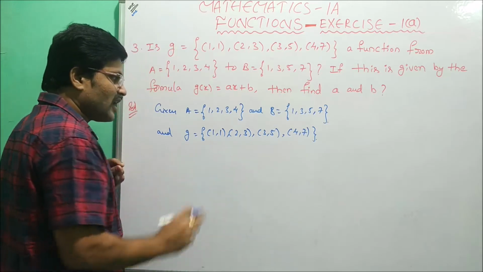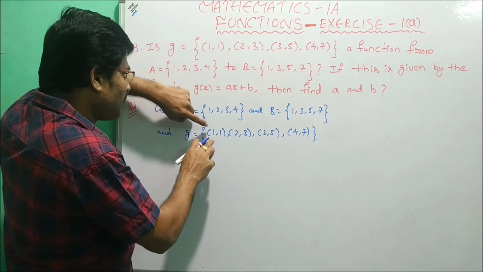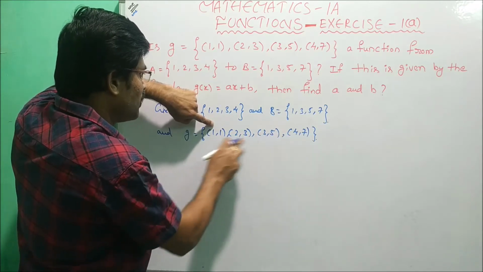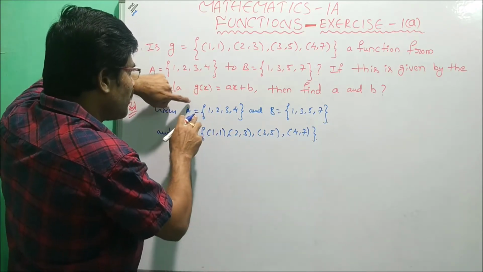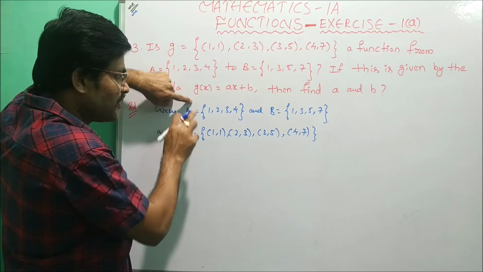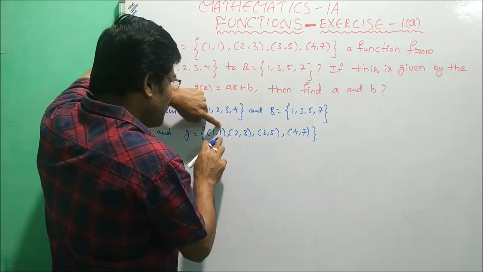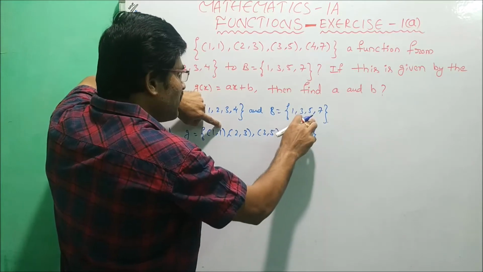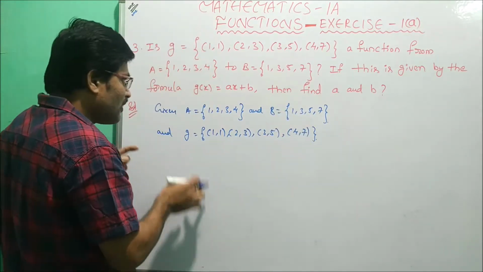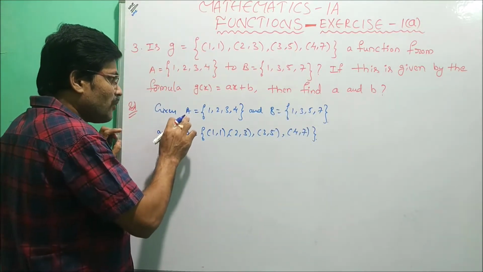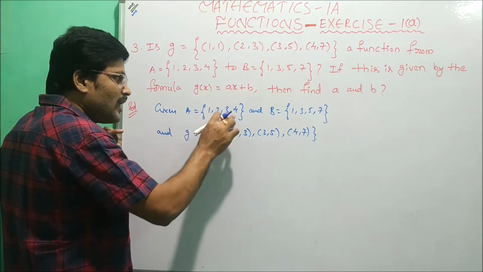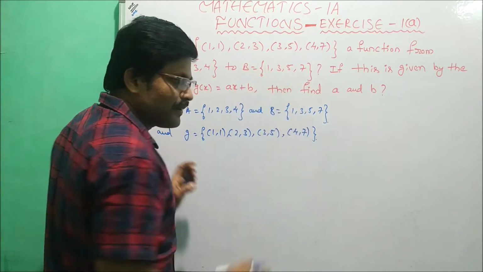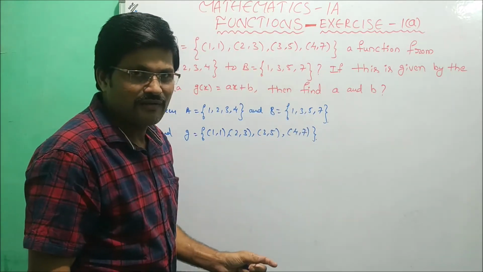We observe these ordered pairs. The first components, or first coordinates, 1, 2, 3, 4, are all elements of the set A. Similarly, the second components 1, 3, 5, 7 are also all elements of the set B. Here we observe that in the domain set A, all elements have unique images in the set B, that are 1, 3, 5, 7.